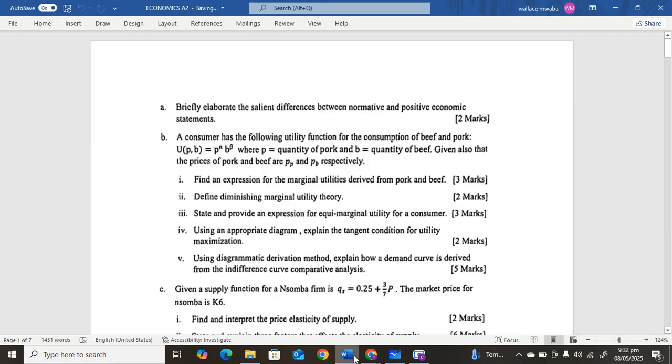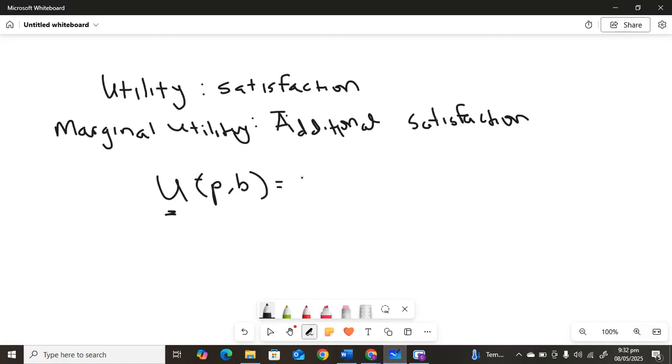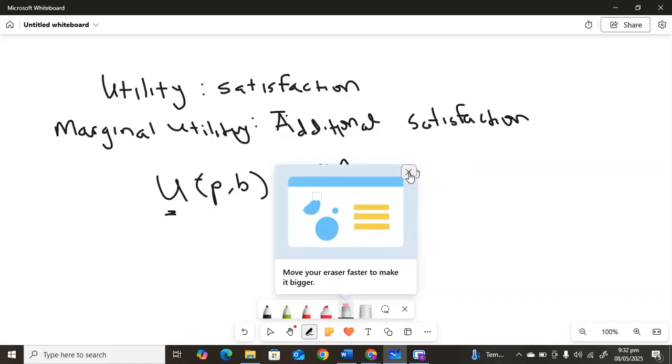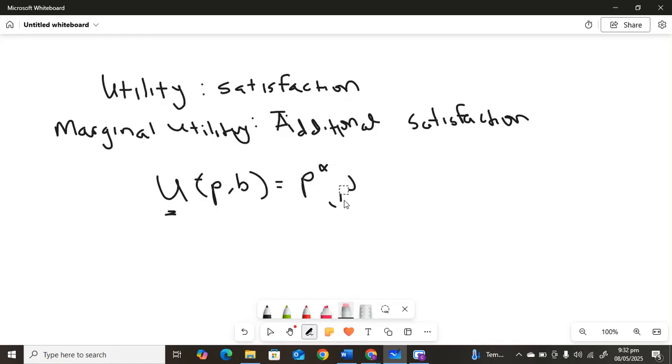So here in this question, it's P to the alpha, B to the beta, where P is the units of pork, B is the units of beef.